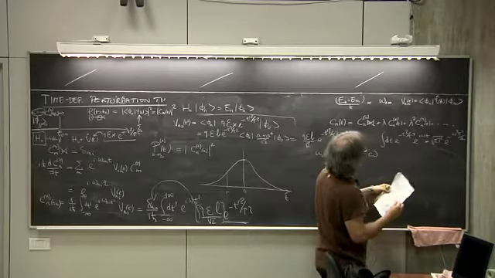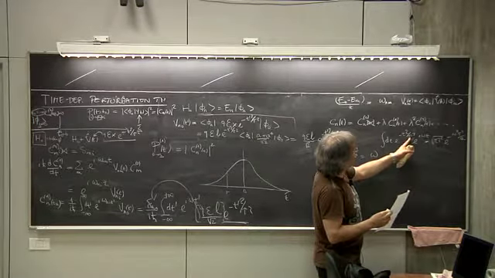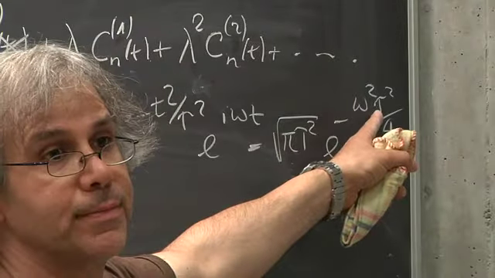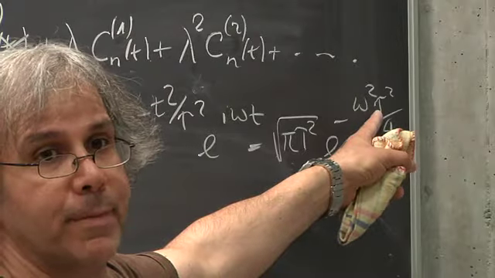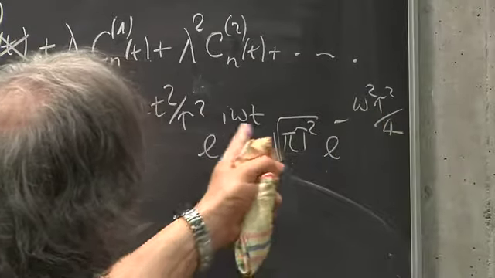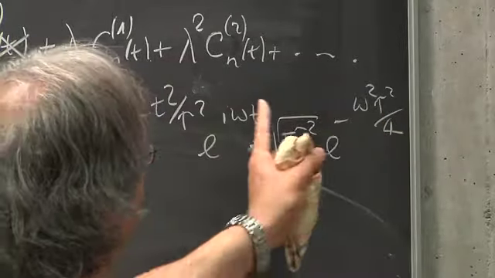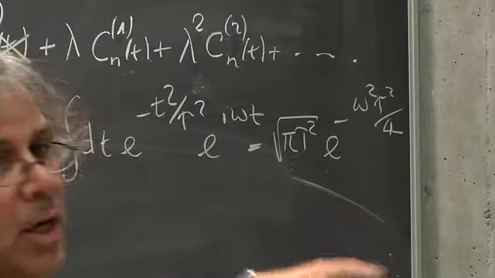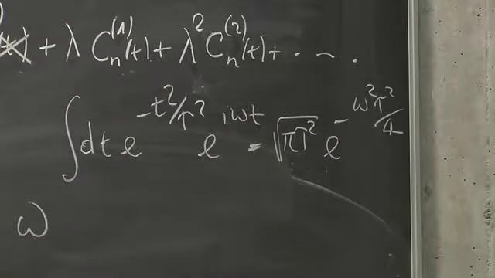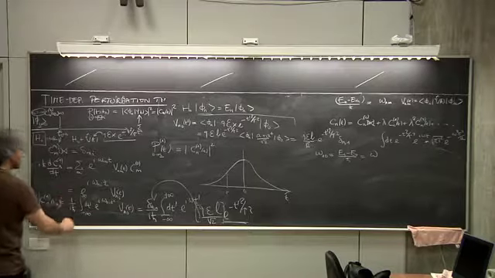Okay? The important thing is that the tau from the denominator goes into the numerator. Remember, the Fourier transform of a Gaussian is a Gaussian, but with inverted widths. Okay, so if you go and look at our formula in the first lecture, that would be the result. Okay, so this is it. Now I have to take the modulus square of this object.